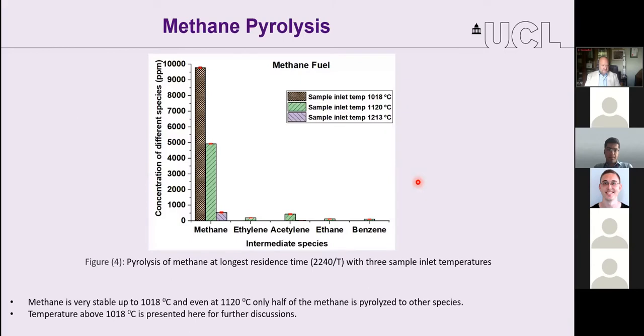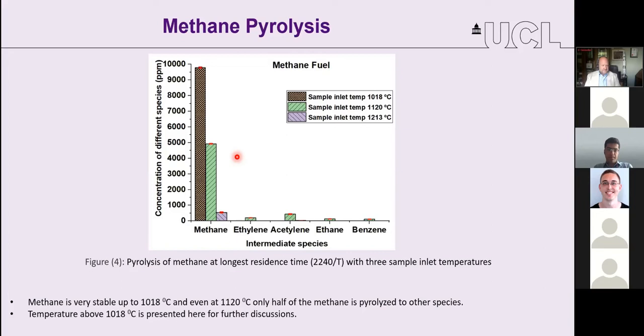Methane pyrolysis. This figure shows the pyrolytic breakdown of methane at the longest selected residence time at different set temperatures. It can be observed from this figure that methane is very stable up to 1018 degrees, and even at 1120 degrees only half of the methane is pyrolyzed to other species.